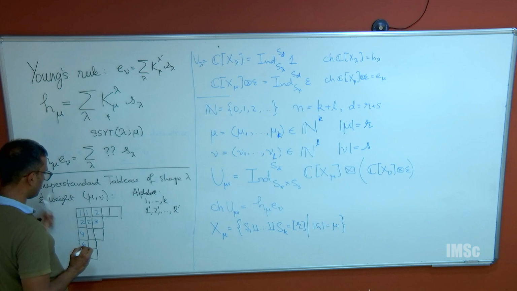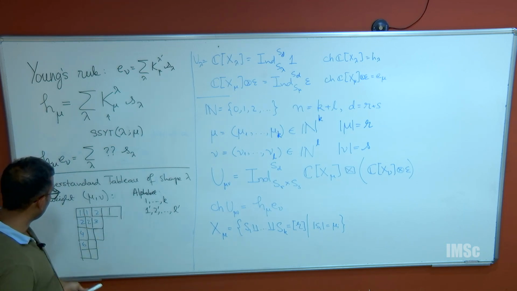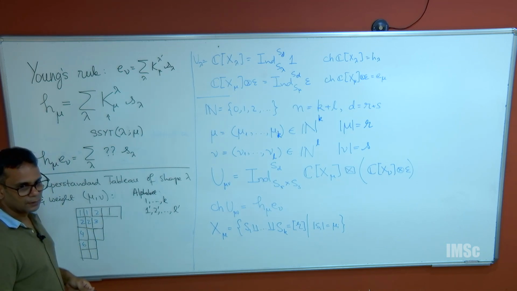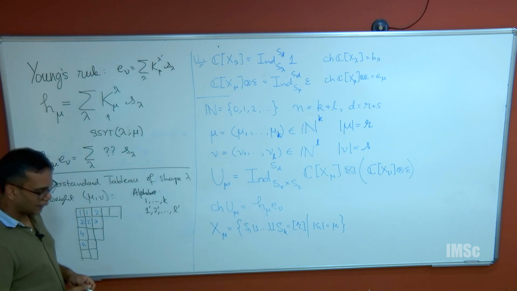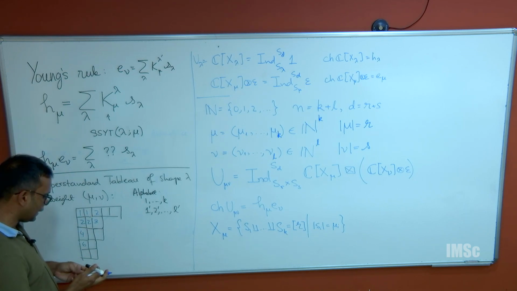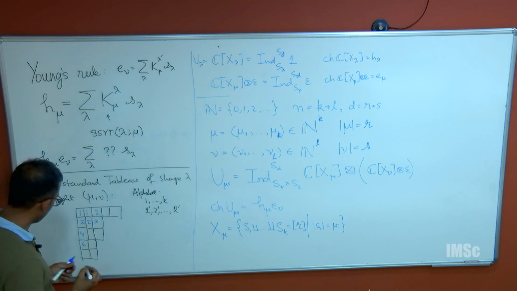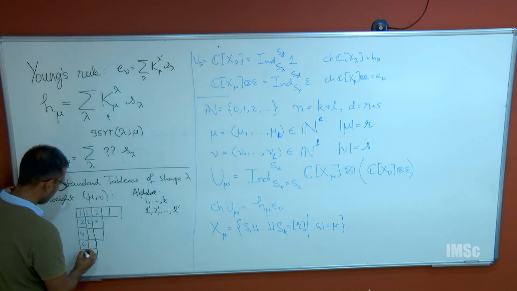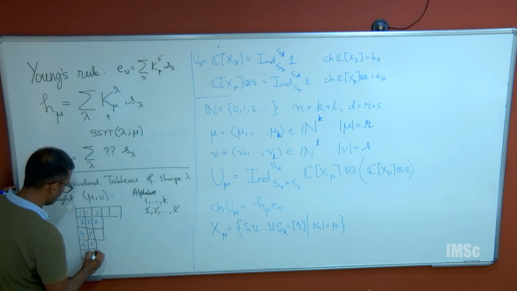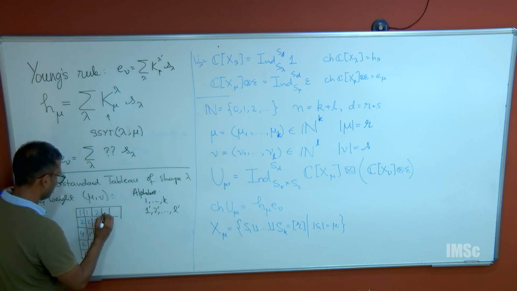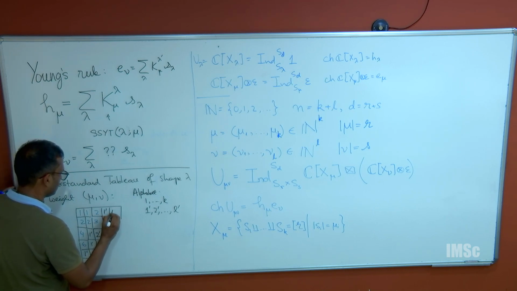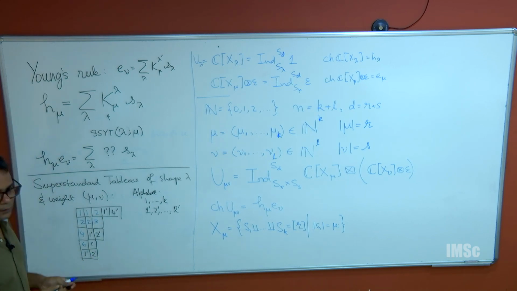These are the unprimed letters. It is just a semi-standard tableau, and then the skew shape that's left, you make it a row strict tableau. You can put 1 prime, 1 prime, 1 prime, 2 prime, 2 prime, and then 1 prime, 4 prime. So this is a super standard tableau.